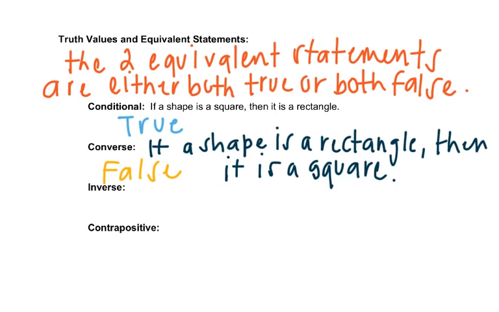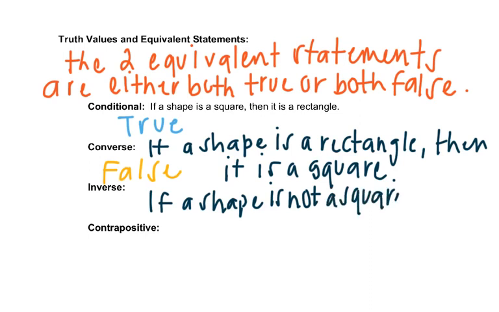Okay? So let's try our inverse. Inverse is negating our conditional. It's negating the original. So if a shape is not a square, then it is not a rectangle.